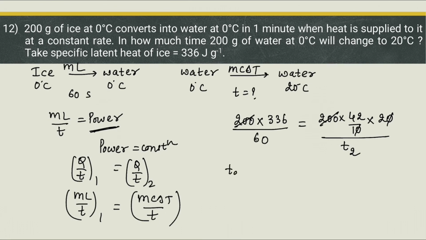So now T2 is equal to 84 into 60 upon 336. 84 4s are 336. 60 upon 4, 15 seconds.